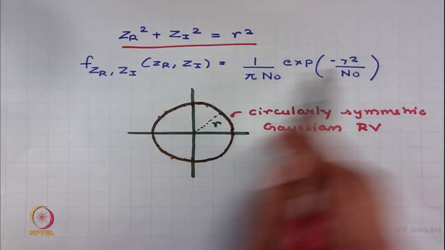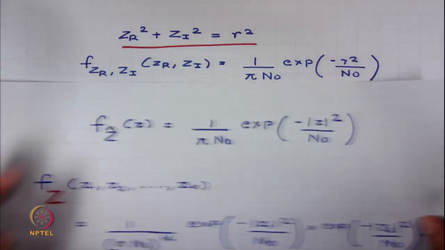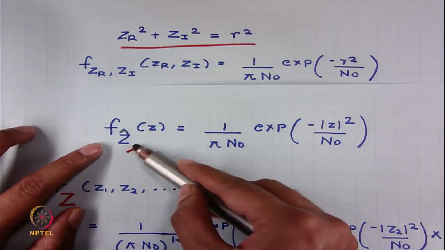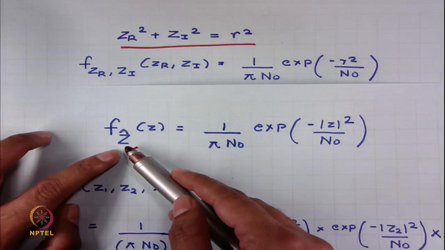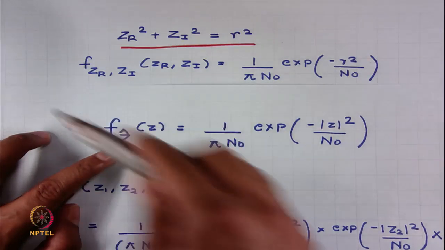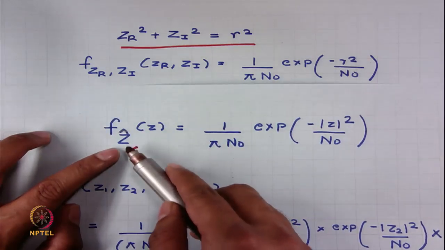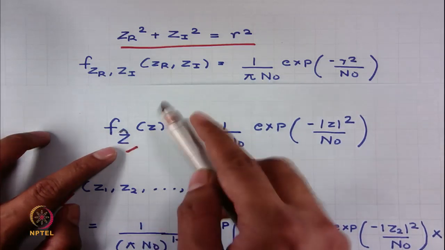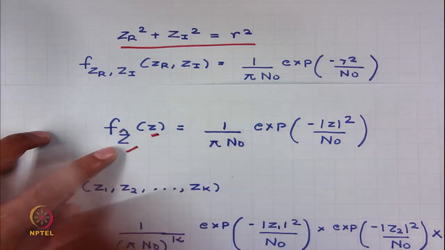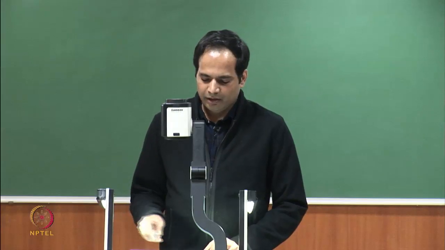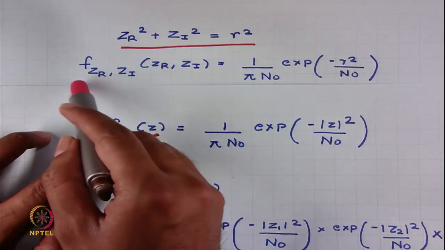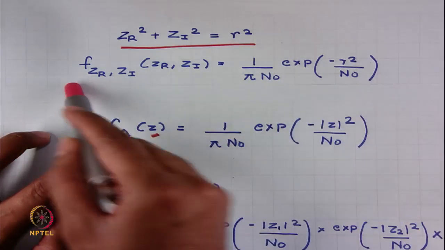We can also write this in terms of the proper complex Gaussian random variable. What we are asking is the PDF of this random variable taking a numerical value small z, and this PDF follows easily from this expression.